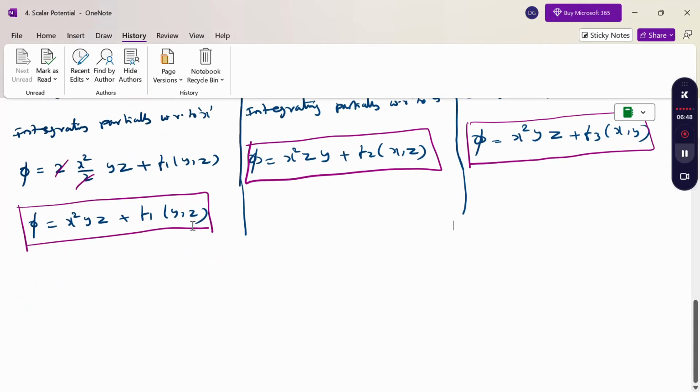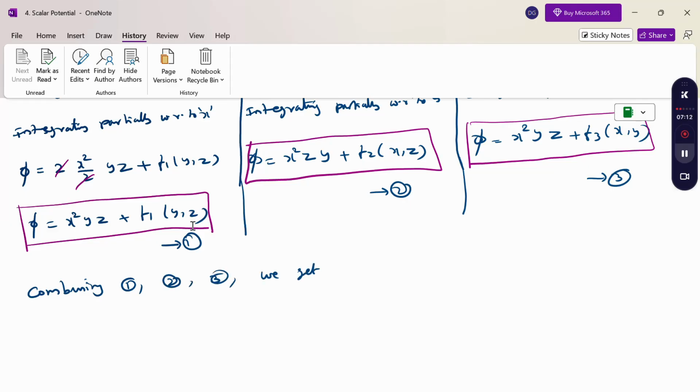Now combining all three pi's, equations 1, 2 and 3, we get the following. When we combine, don't add all the terms. Combine means the repeated term is ignored.